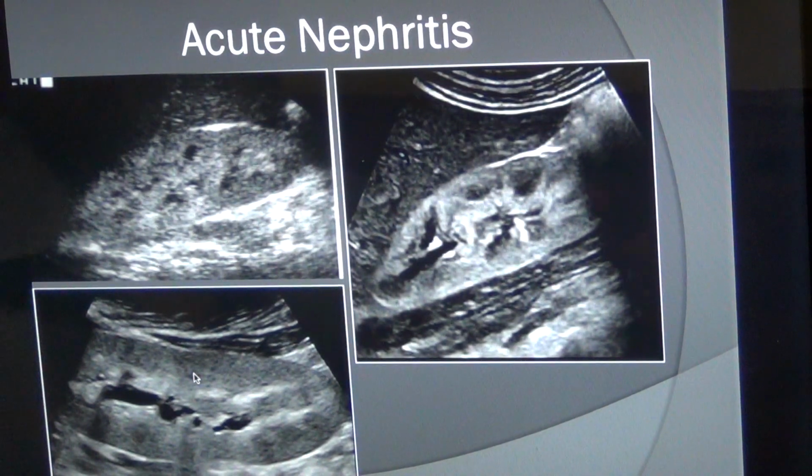So this is the typical feature of acute glomerulonephritis, and you will see the kidney will be enlarged.